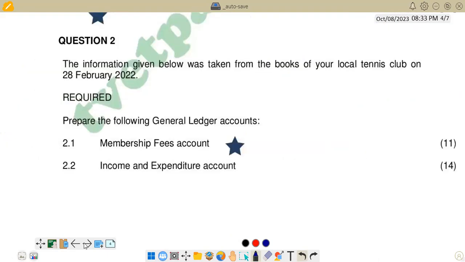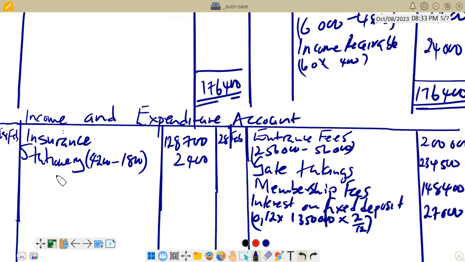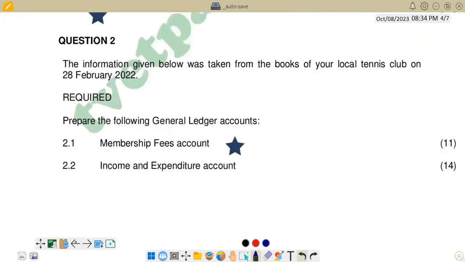We have water and electricity, and the amount that is there is 7,500.